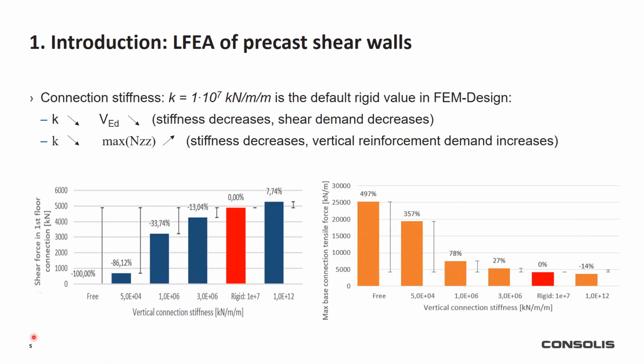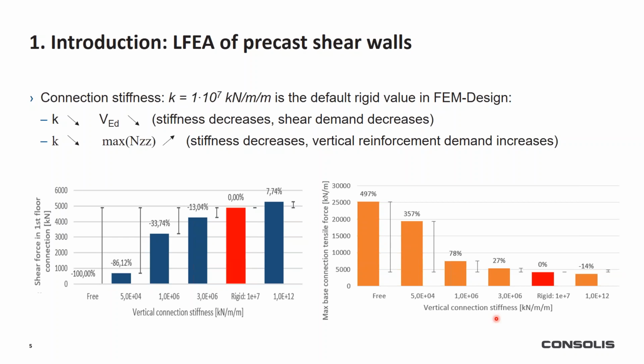This is also shown here in these diagrams. So if the vertical connection stiffness is decreased, the shear demand in the vertical connection drastically decreases. However, if this stiffness is decreased, we will have higher demand in the horizontal connection.